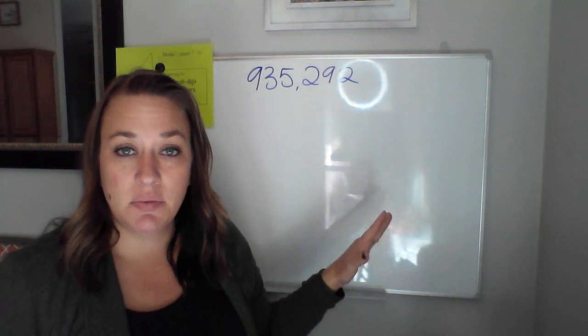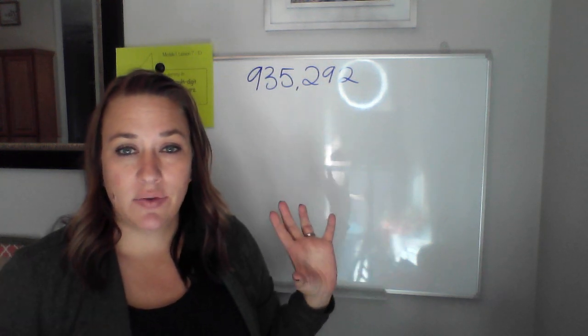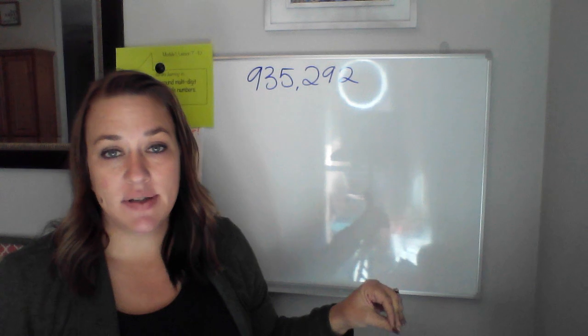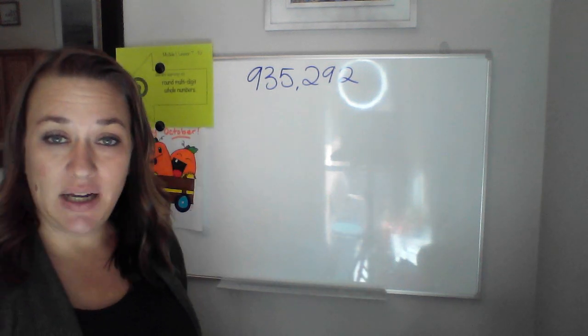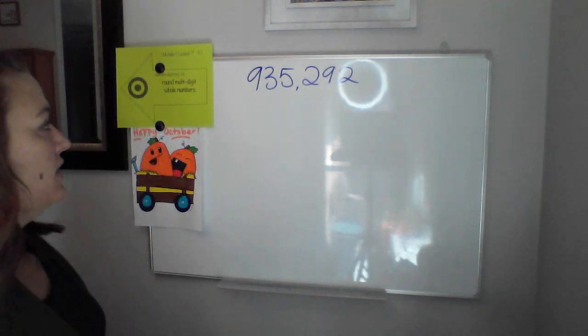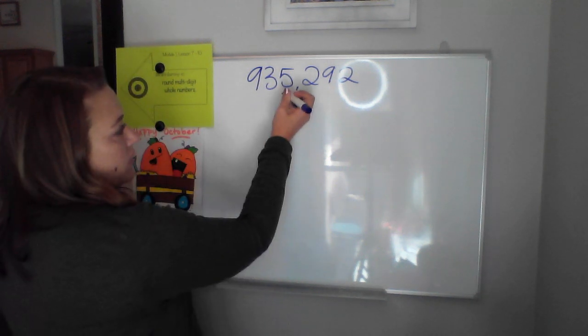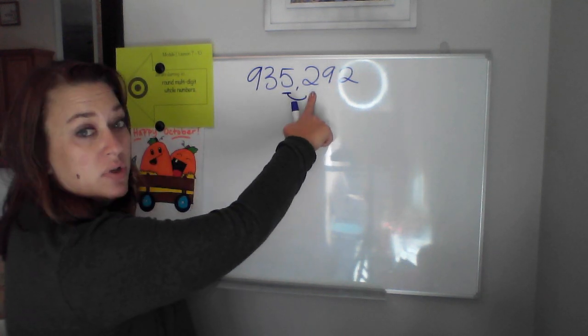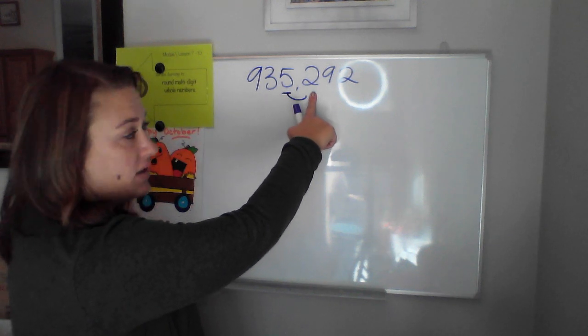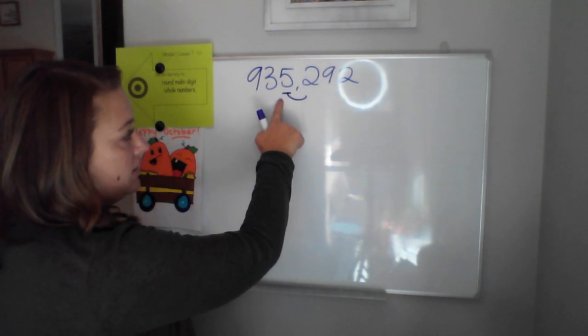So we have our first number and we're going to round it to 3 different place values just to see the difference, kind of like how we ended Lesson 9. Okay. So here, we're going to round to our thousands place first. When we look to the right, we see a 2, which is less than 5. So that tells us we're going to round down.